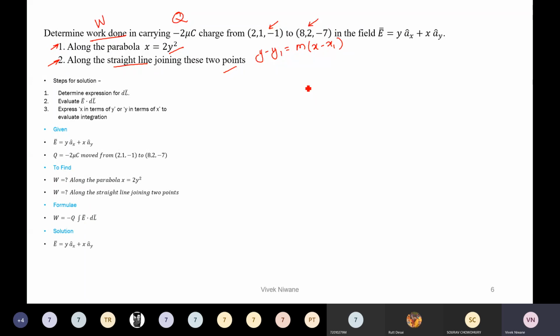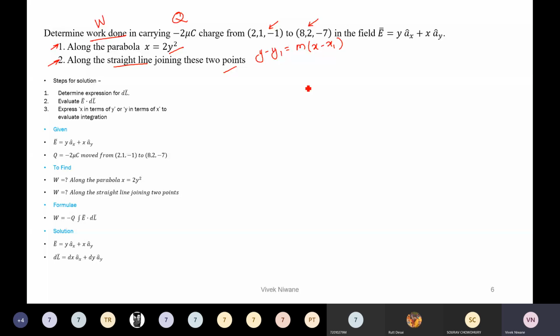The given expression for electric field intensity is y ax cap plus x ay cap. Therefore, for the Cartesian coordinate system, we can write dl bar is equal to dx ax cap plus dy ay cap. We haven't written plus dz az cap because the expression of E bar has only ax and ay components.